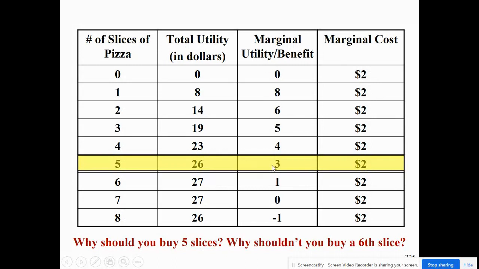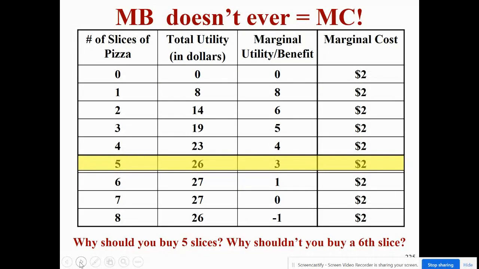But if we go to the 6th piece, our marginal benefit is only 1, which is less. So this is like that scenario I talked about earlier, where marginal benefit doesn't ever equal marginal cost, but we're still going to only buy the 5th piece. We're not going to buy the 6th piece because our marginal cost would be greater than our marginal benefit. So we'll get as close to being equal as we can, and we'll never go beyond that where the cost is greater than the benefit.